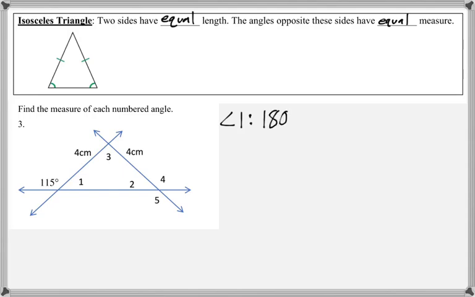So 180 minus 115 is 65 degrees. So we know that this is 65 degrees here. And again, my reasoning is because it was supplementary.